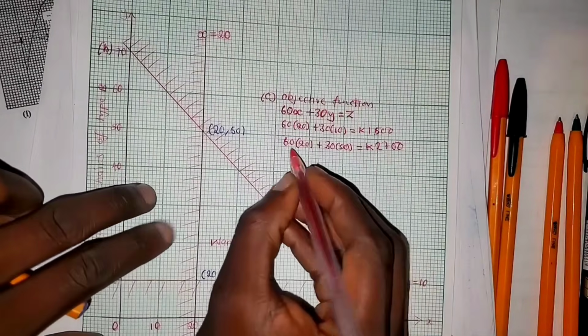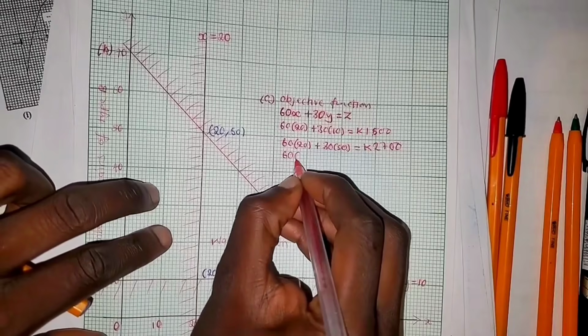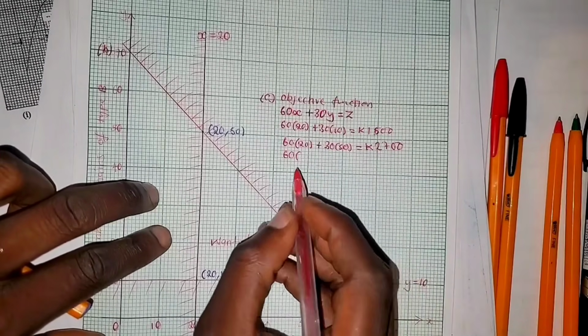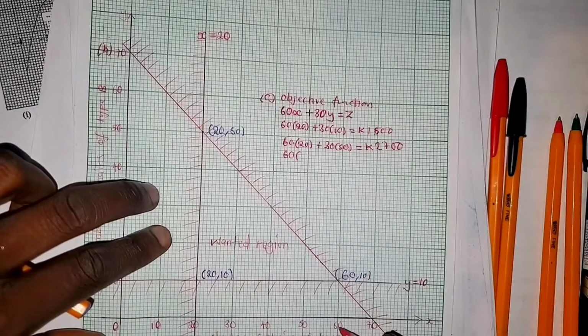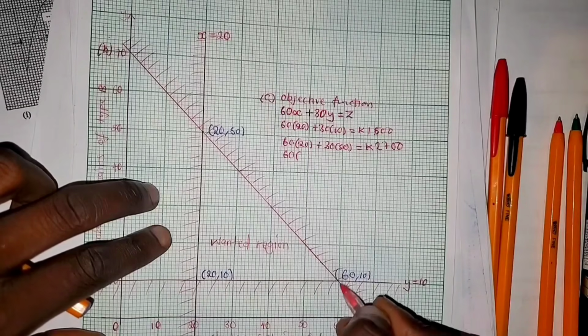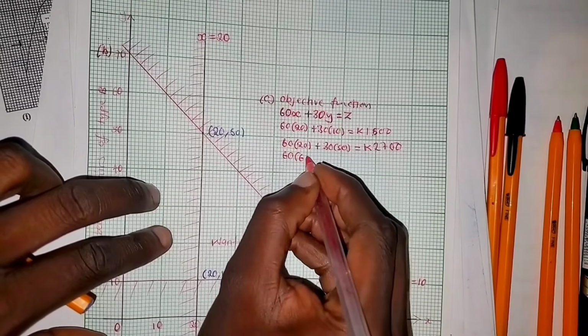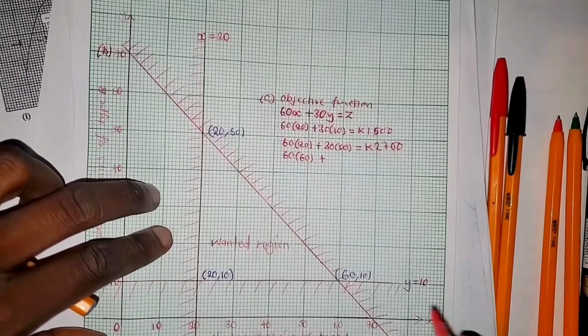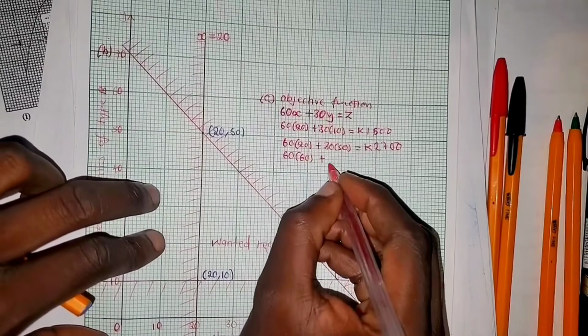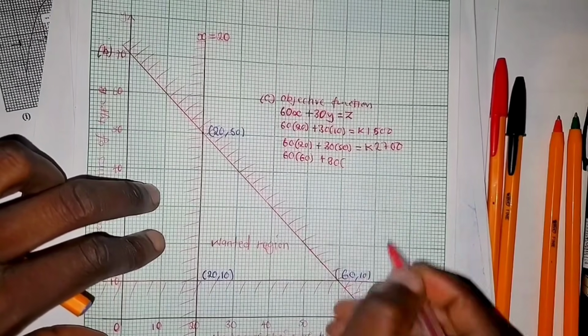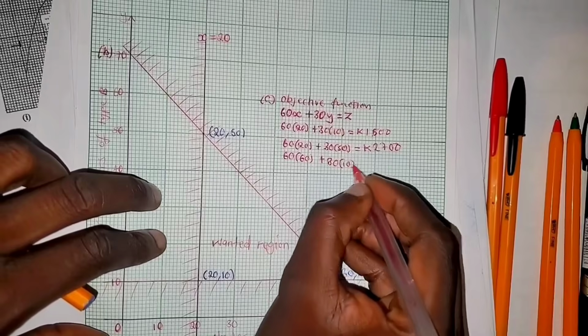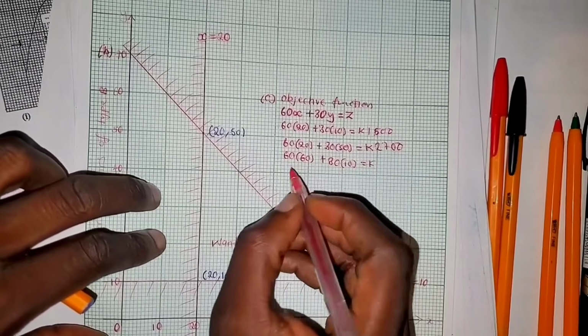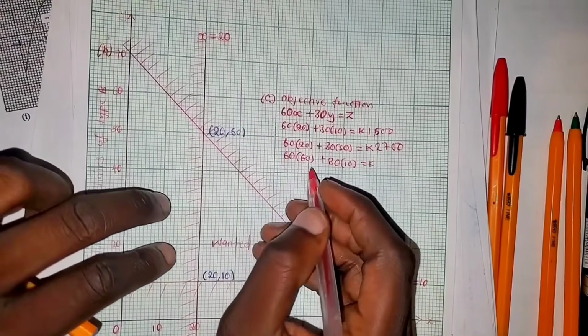Okay. Then let's test the last one. Last coordinate here is 60 times, what's the value of X here? The value of X here is 60. So it is 60 times 60 plus 30 times 10. Okay, so 60 times 60 here.